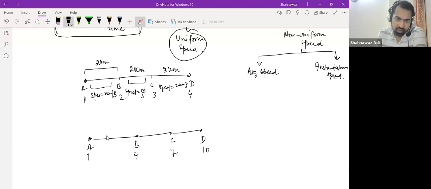And then let's say that you cover 2 kilometer here, then 4 kilometer here, and then 6 kilometer.